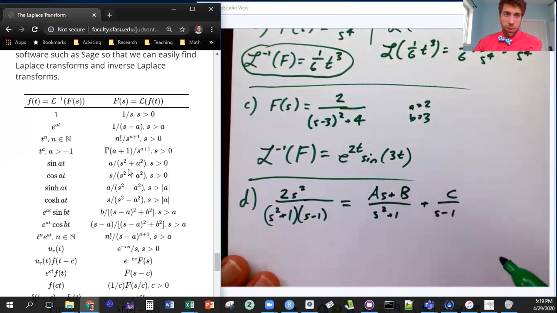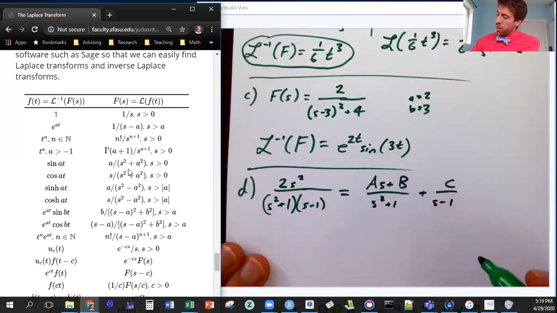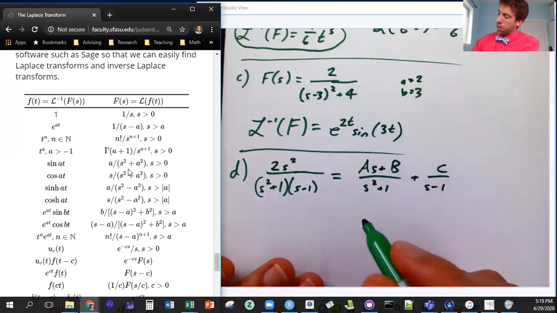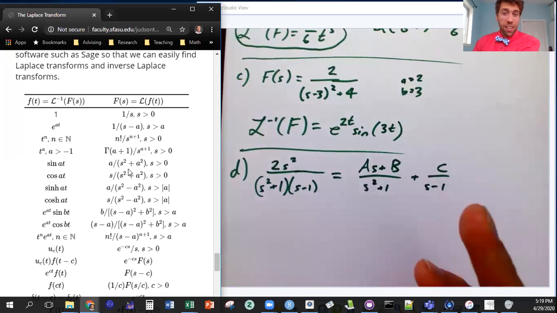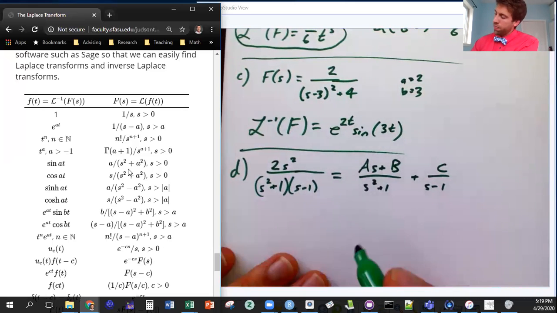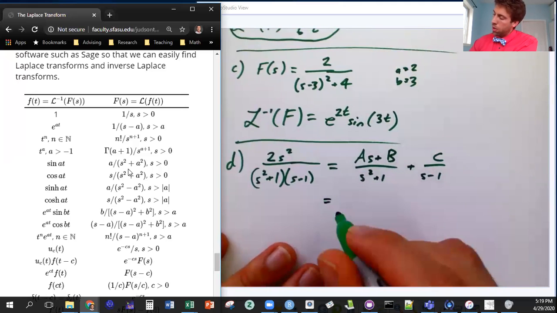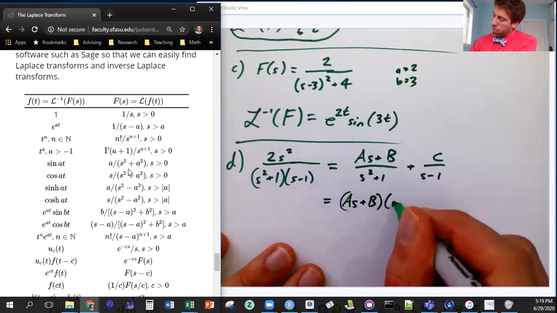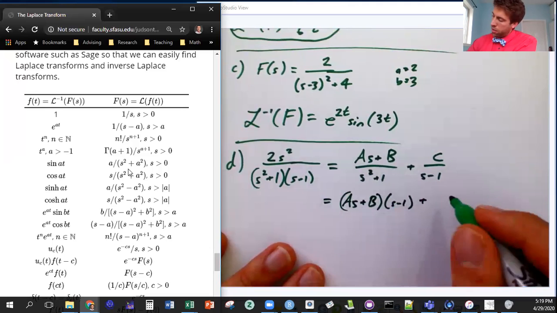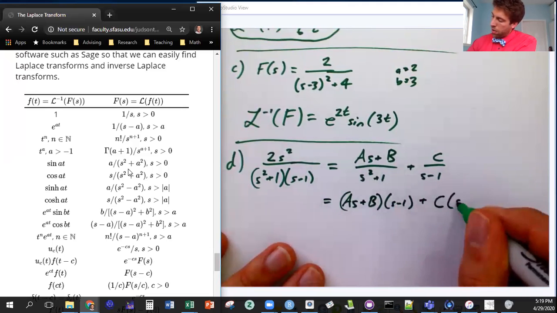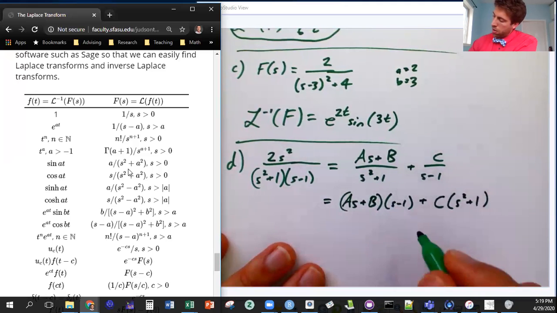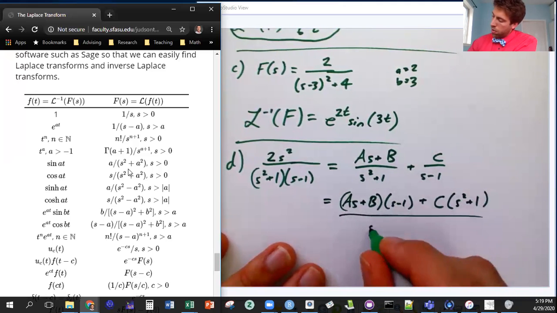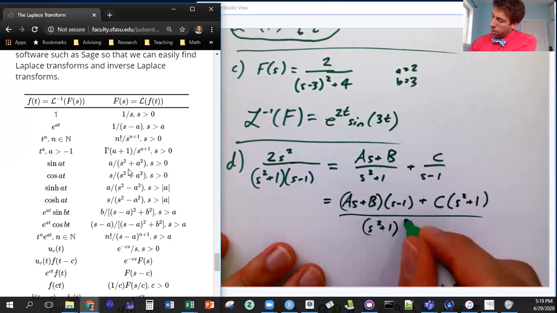So this is a trick we learned in Calc 2. So then here we've got to kind of put everything back together and find out what A, B, and C are. So that's equal to As plus B times s minus 1 plus C times s squared plus 1, all over s squared plus 1 times s minus 1.